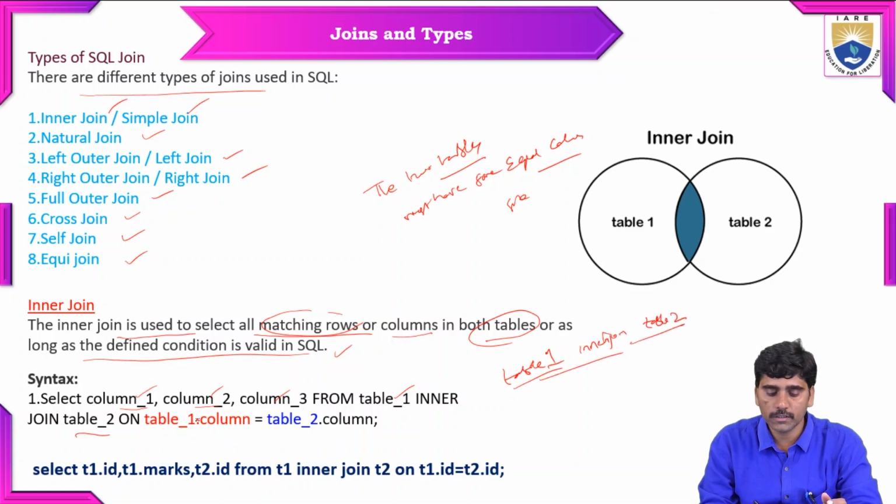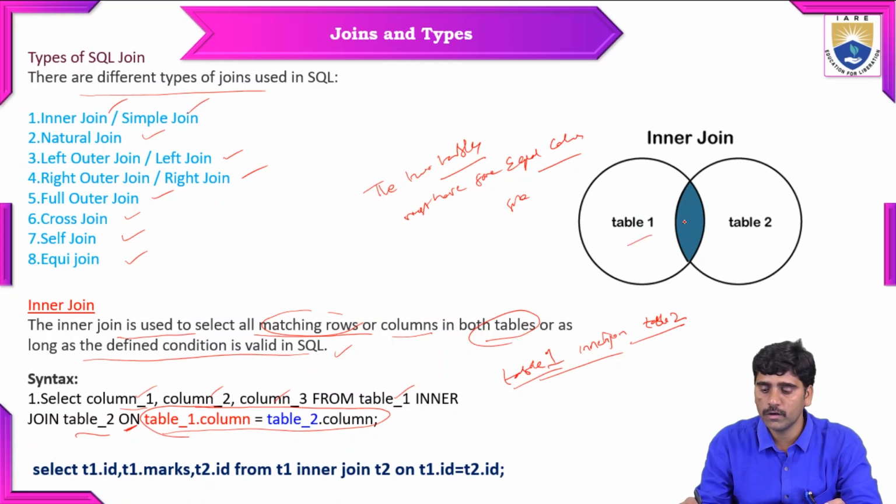Then use the keyword ON with the condition: table 1 dot column 1 equals table 2 dot column 1.